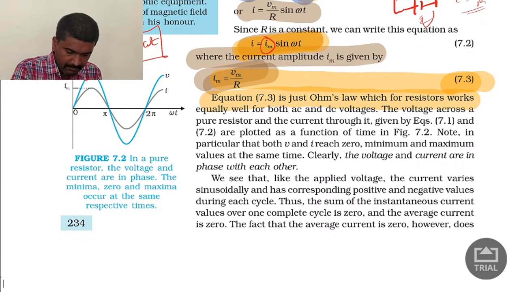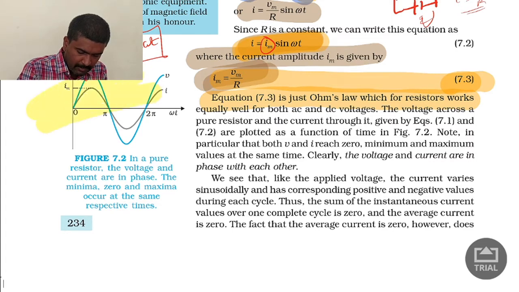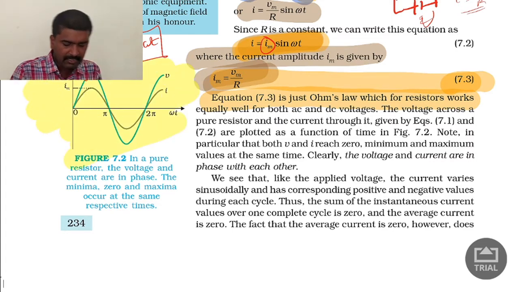Now let us look at the graph here. This graph shows the variation of voltage with time.